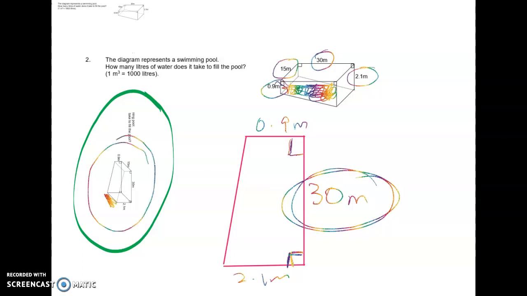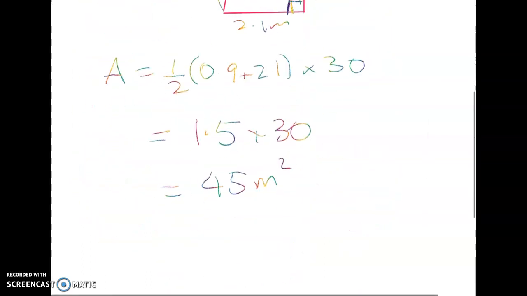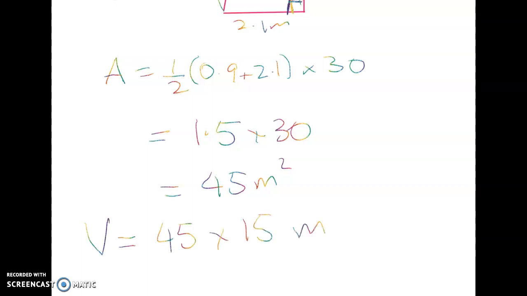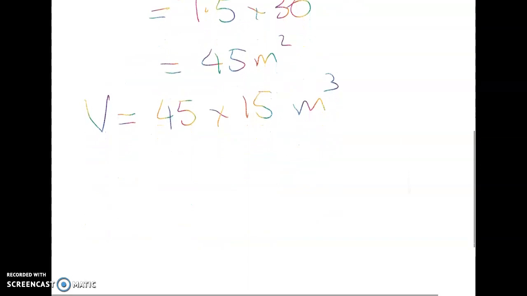But if you look at it in this picture here, you can see the 15 metres is how far it's going back. So the volume will be 45 times 15, and that gives us metres cubed. So we're just about there. That gives me 675 metres cubed.